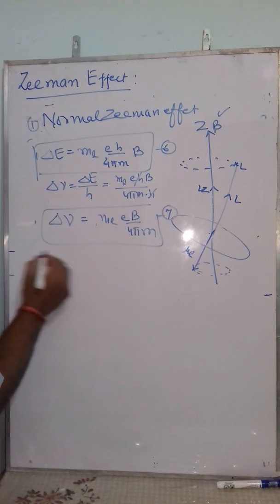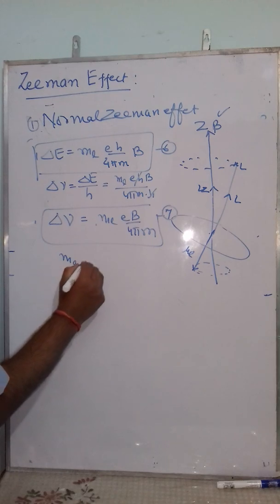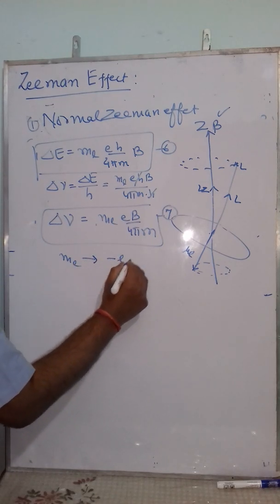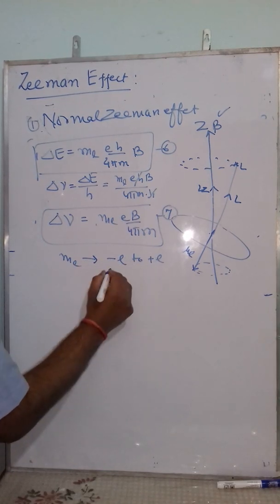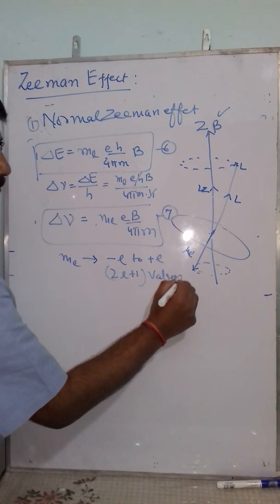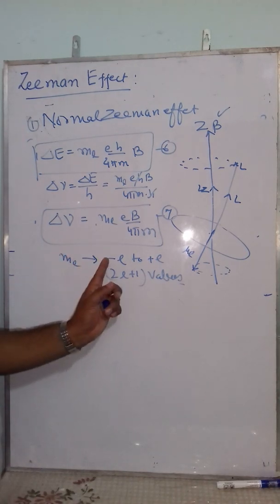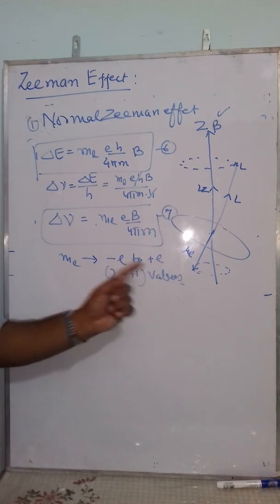Suppose m_l can take values from minus L to plus L, a total of 2L plus 1 values. This m_l, the orbital magnetic quantum number, can take values from minus L to plus L, that is 2L plus 1 values.